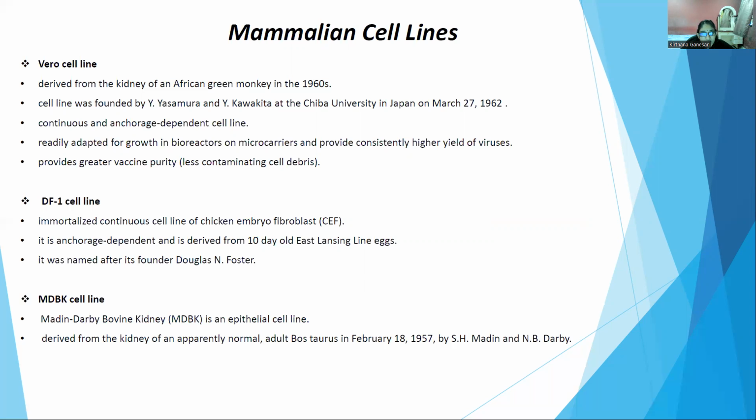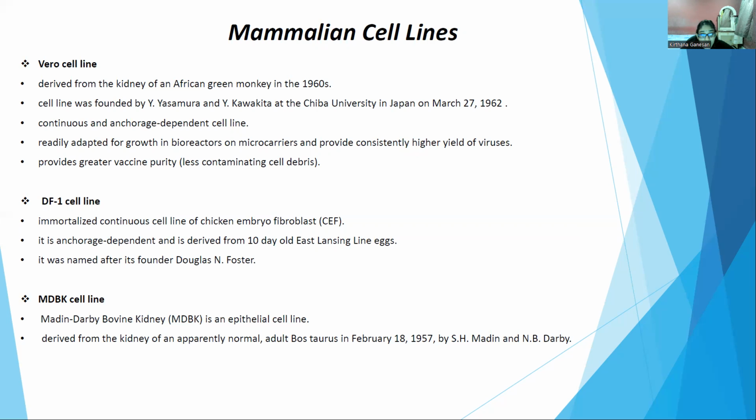It is a continuous and anchorage-dependent cell line. It can be readily adapted for growth in bioreactors on microcarriers and provide consistently higher yield of viruses. It also provides greater vaccine purity as it contains less contaminating cell debris.